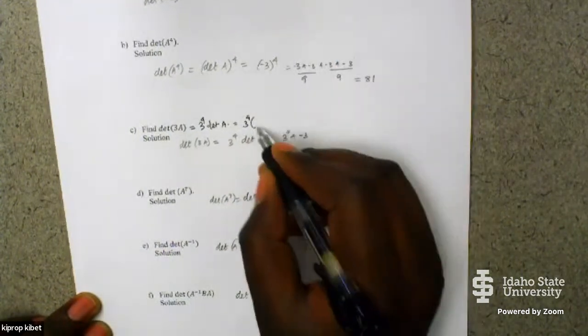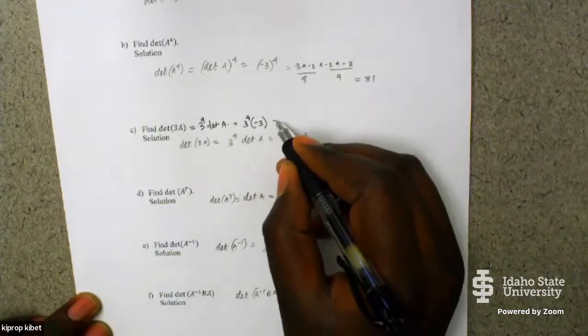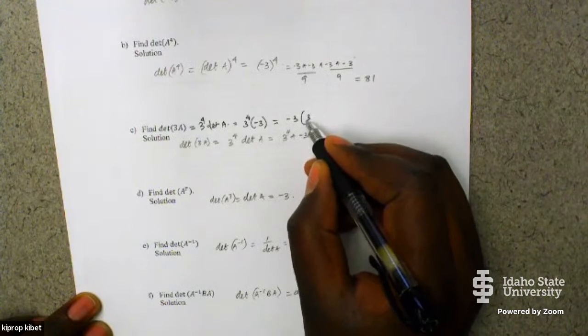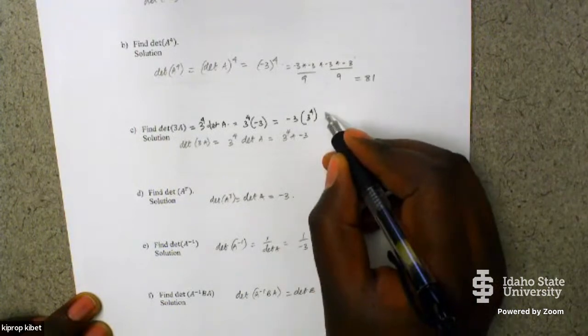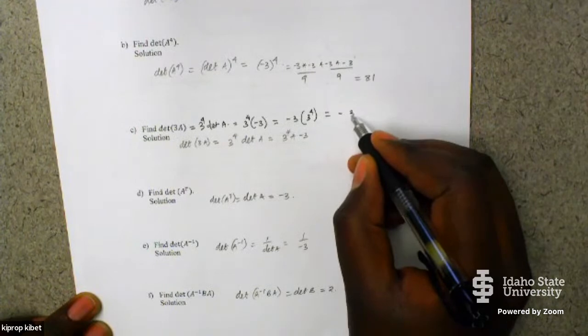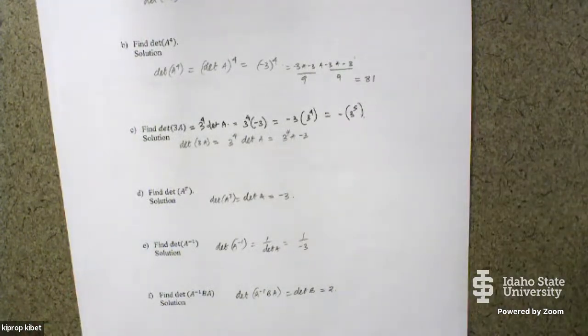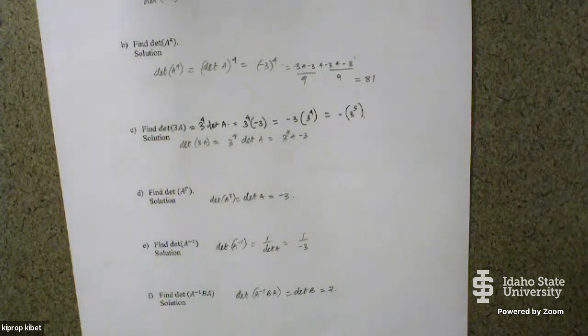The determinant of A is -3, which is the same as -3 raised to 5. So these ones, I think all of you did it, but the one which most of you have an issue with is the next one.